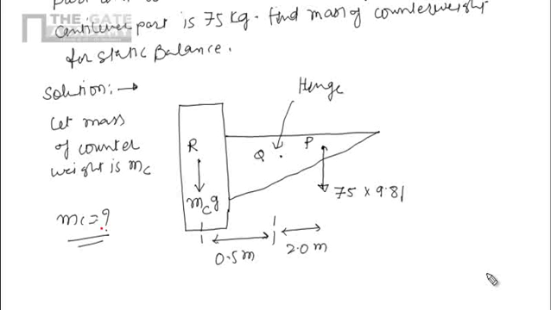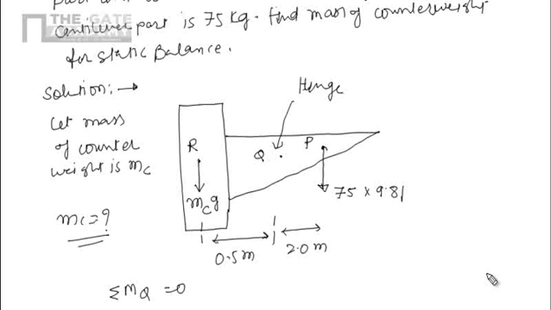They have mentioned we have to find the mass of counterweight for static balance. So we can apply the conditions of equilibrium. Let's apply the conditions of equilibrium based on moment, that is, the algebraic summation of all moments about Q should be 0.